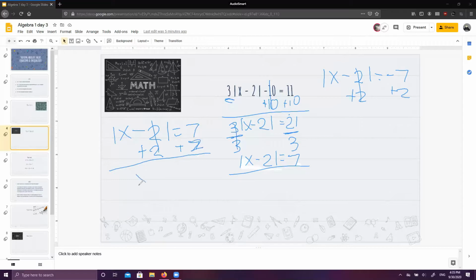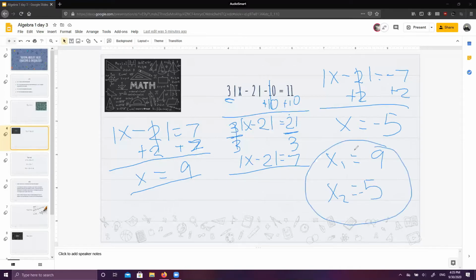X would now equal 9, and this is one of our answers. And then x here would equal negative 5. So for our ending result, these would be our two answers.